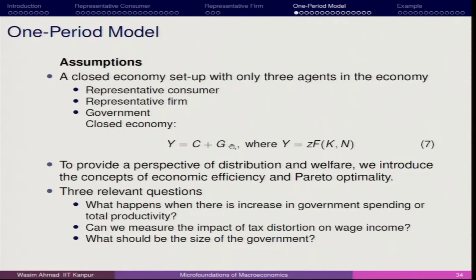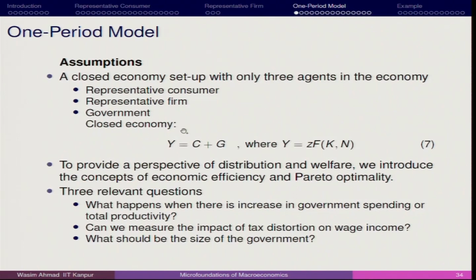Whatever amount the government is collecting from the representative consumer, it also uses for expenditure. So, here we have Y is equal to C plus G, where C is the consumption and G is the government expenditure. Y is nothing but ZF(K, N). So, here it is ZF(K, N) equal to C plus G.